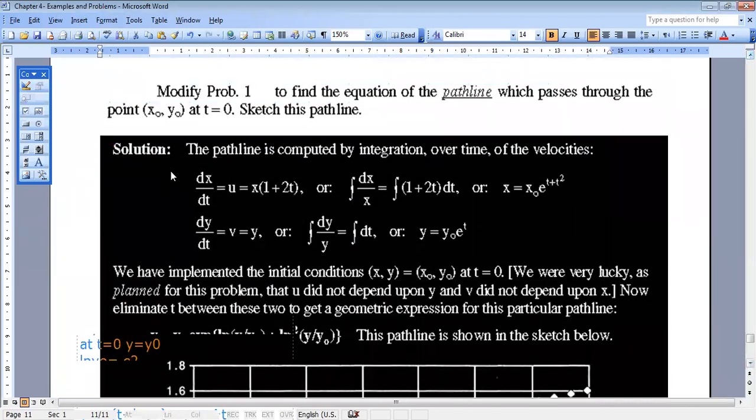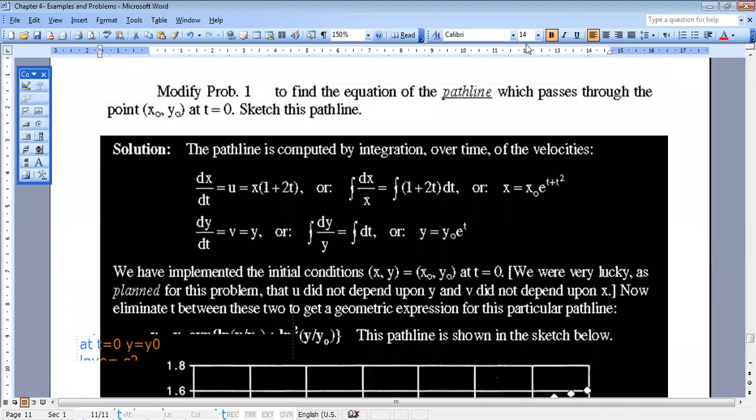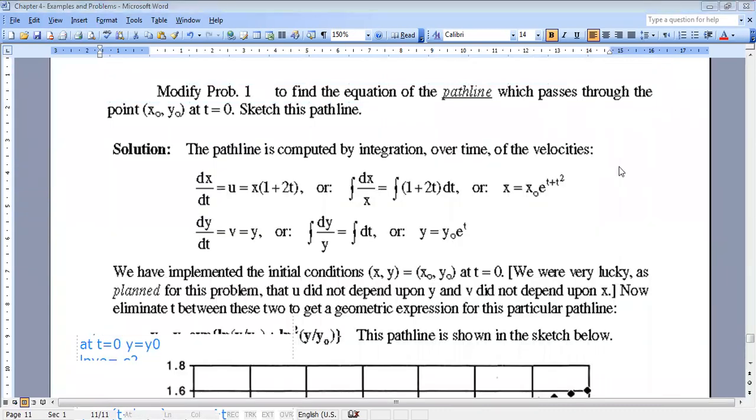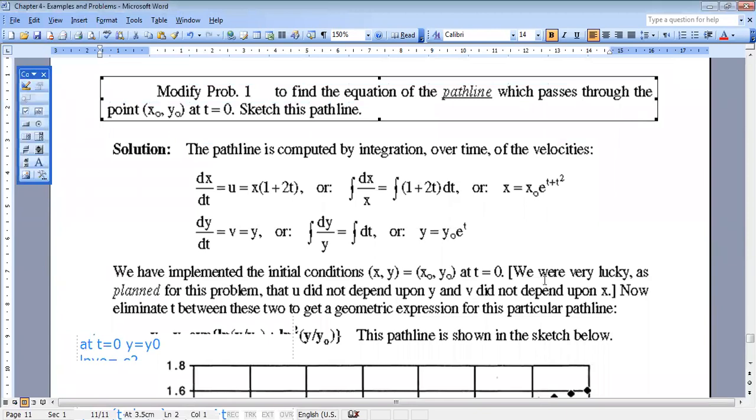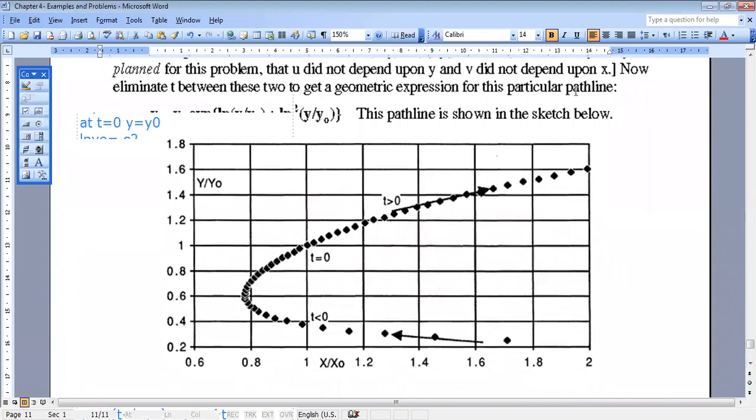By just doing the replacement, you can get the equation of the path line and sketch it. Any question on this problem?